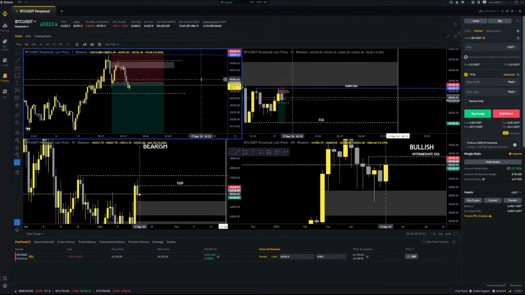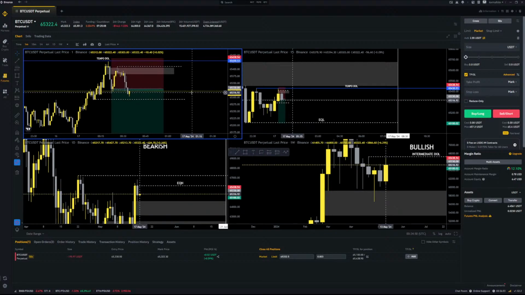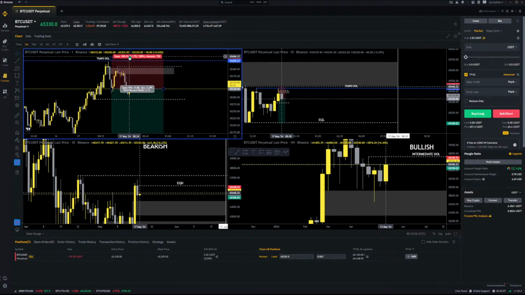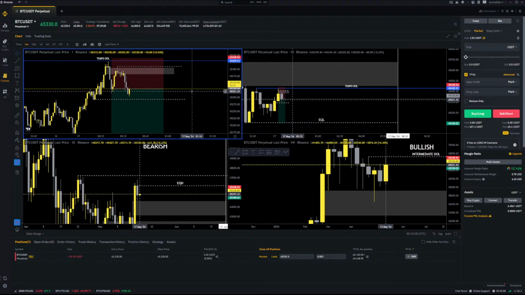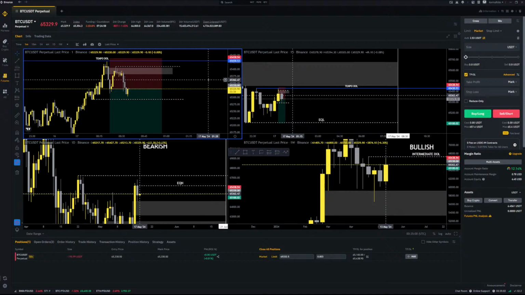The funny thing about crypto, we might be stuck for 30 seconds and the price might just go high and you'll be stopped out, but it's okay. Price doesn't give me what I need. This is typically bad.